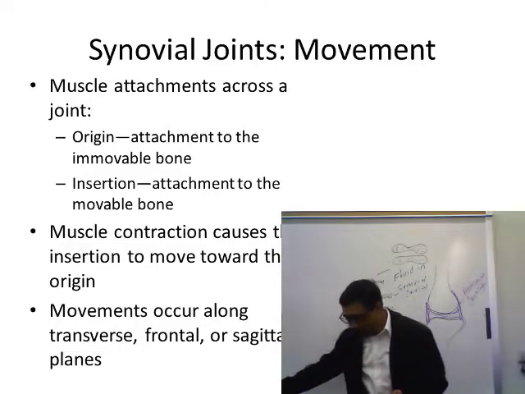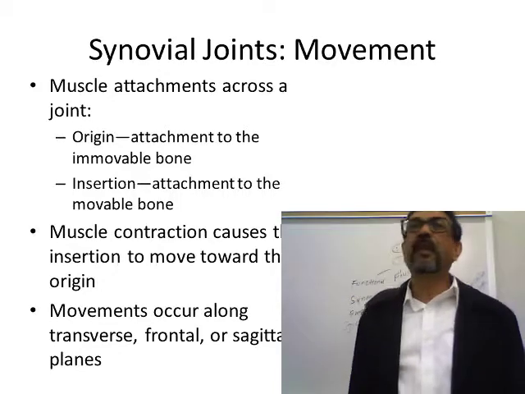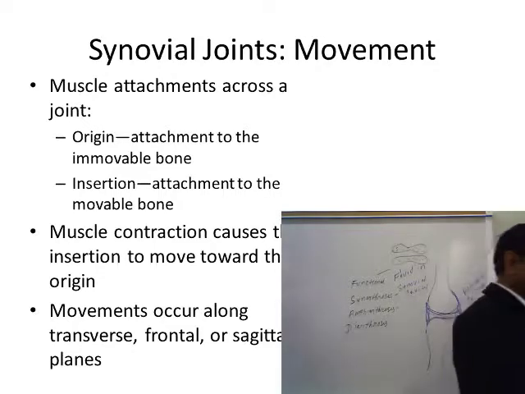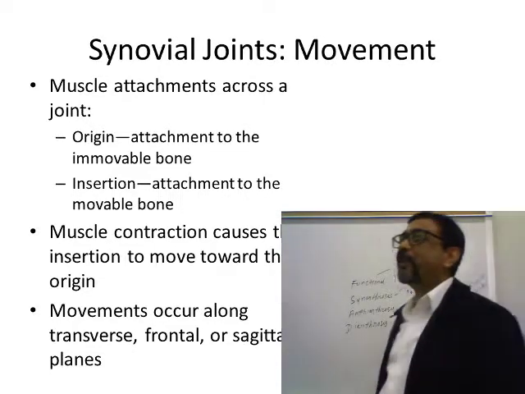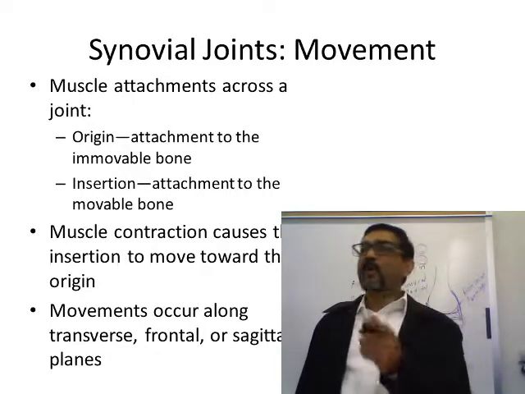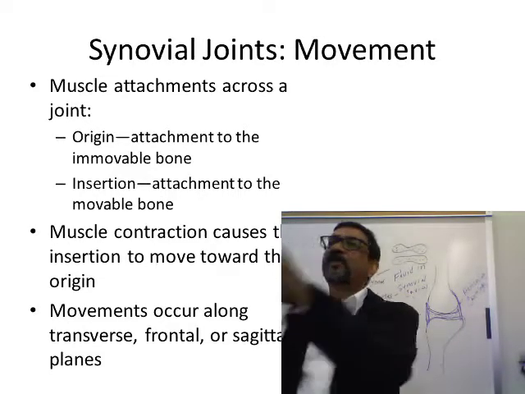So why does the skeleton have joints? The skeleton has joints to help the movement of your body parts. We know that we move our body parts at the joints with the help of the muscles.